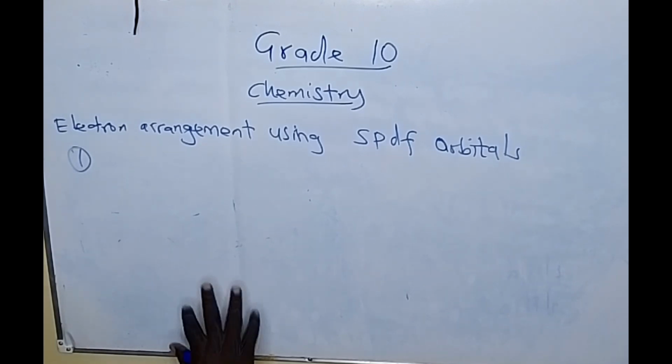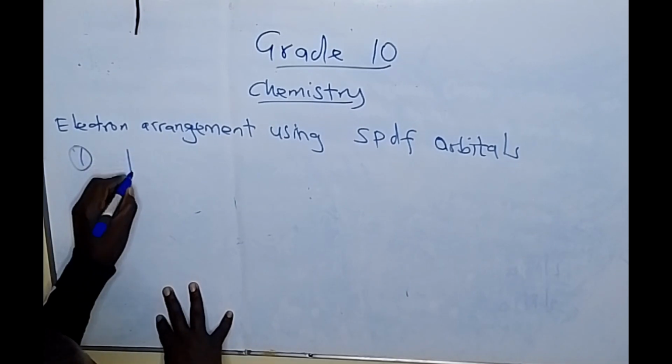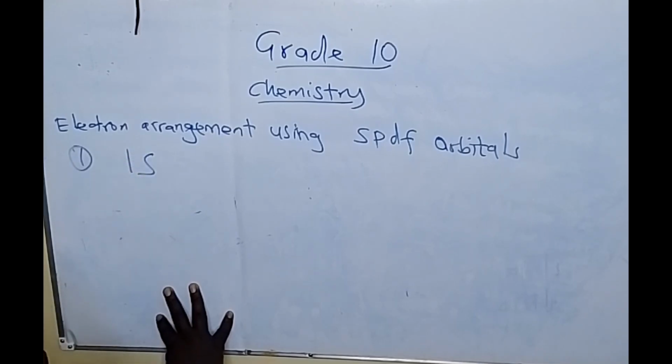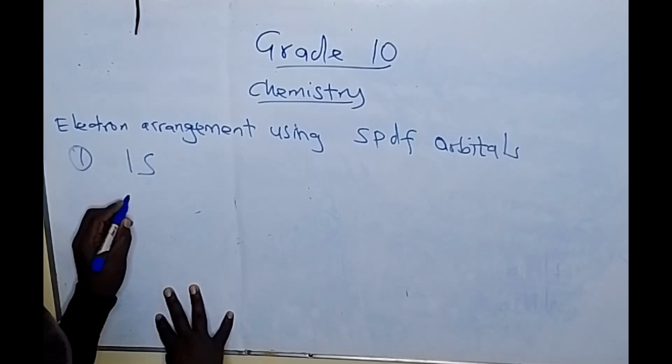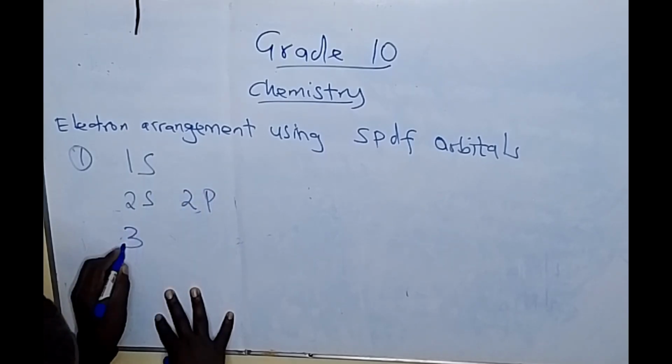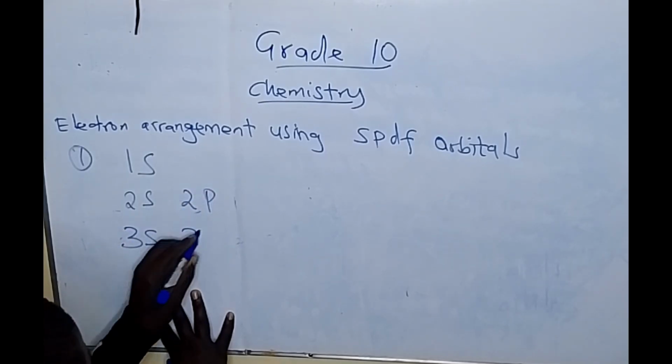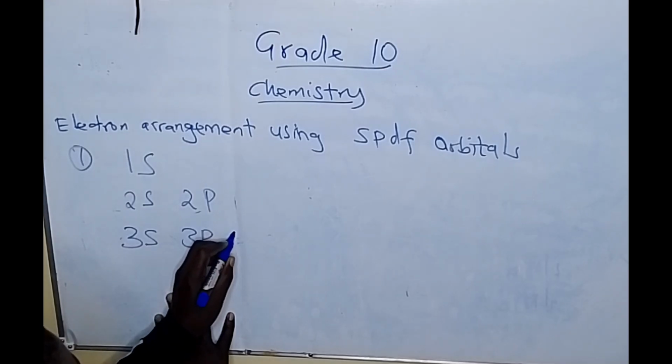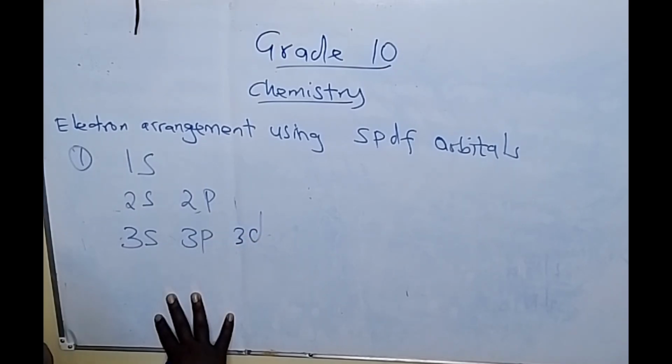The lowest energy level is 1s. So you fill first 1s, and then you come to 2s and 2p, and then we have 3s, 3p, and also 3d. How are we going now to fill?